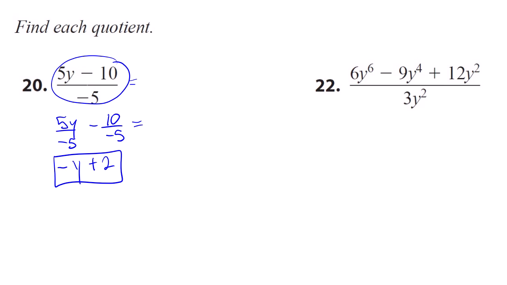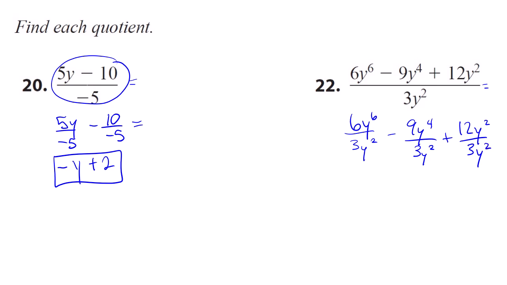So let's do the same thing with number 22. So I'm going to take each of these terms, 6y to the 6th, and divide it by 3y squared, -9y to the 4th, divided by 3y squared, and then 12y squared divided by 3y squared.